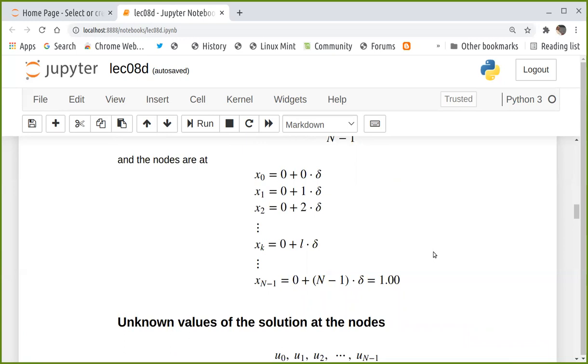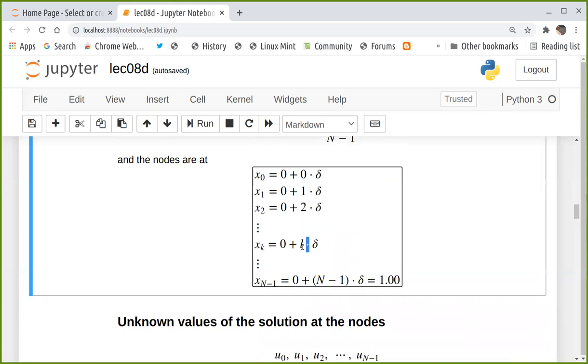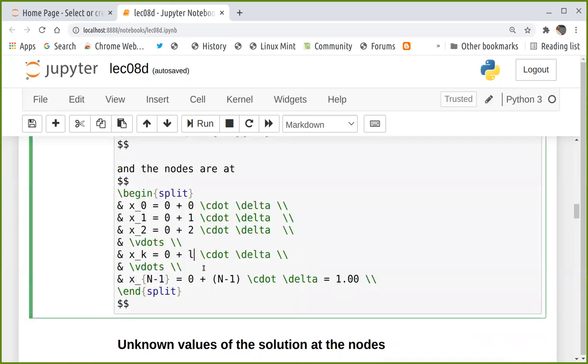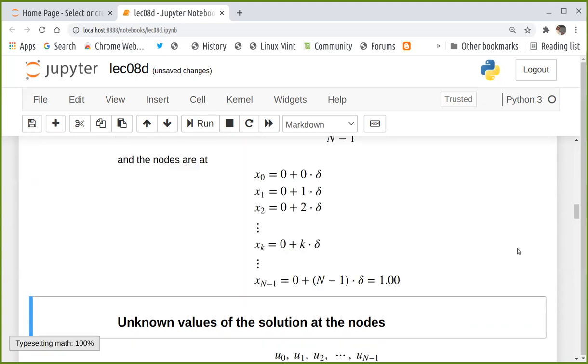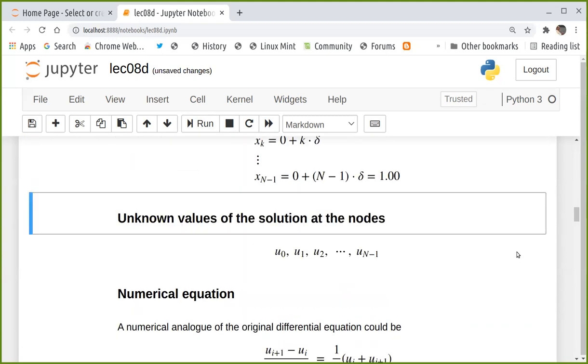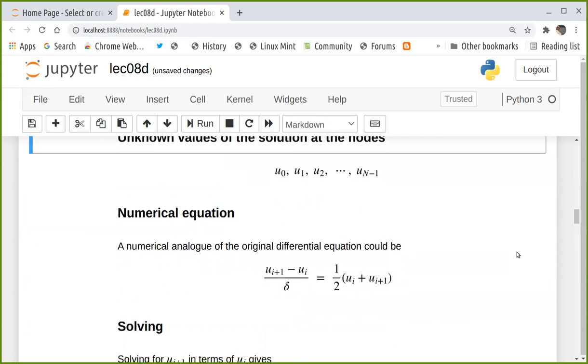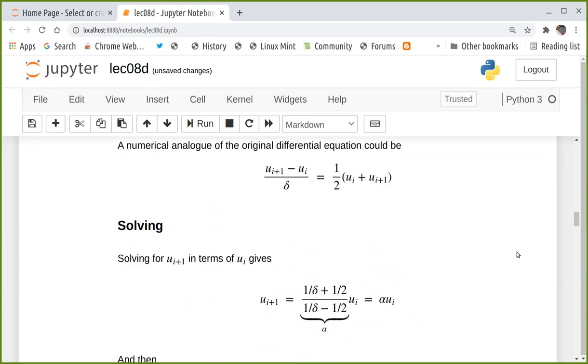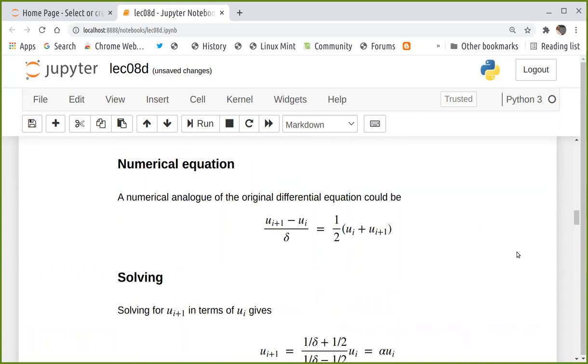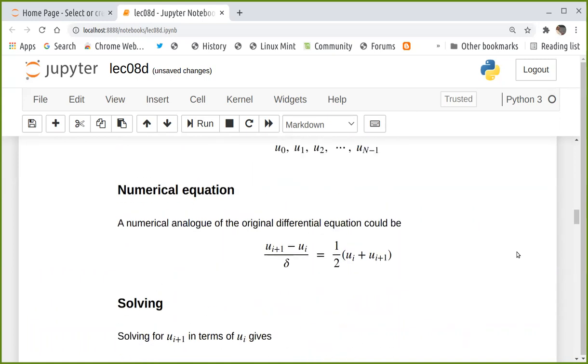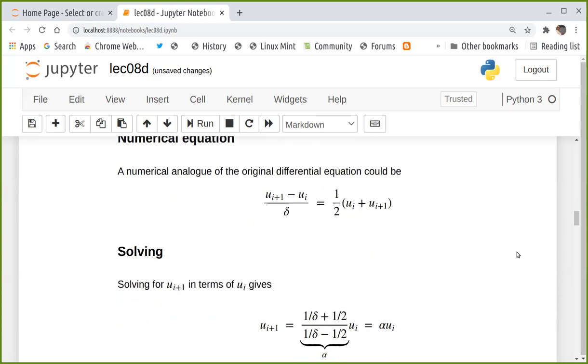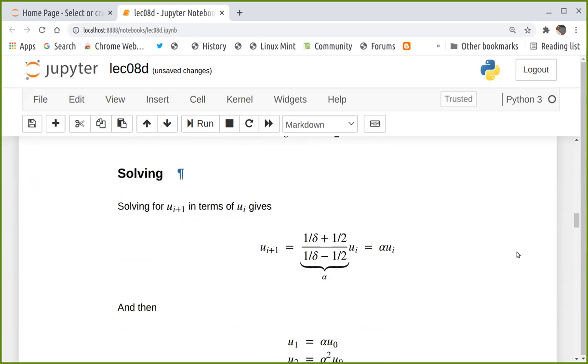Okay, you set up your xk is k times delta, sorry, that's k times delta. Okay. And now if I want to, I solve everything the same way. I can solve for U1 in terms of U0, U2 in terms of U1, and so on and so forth. The same pattern emerges.